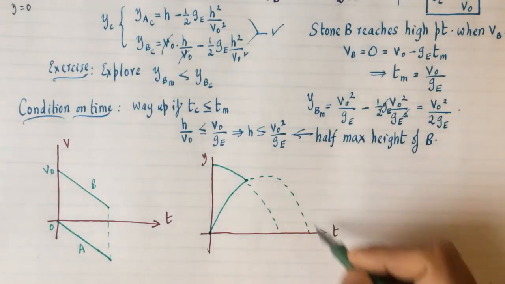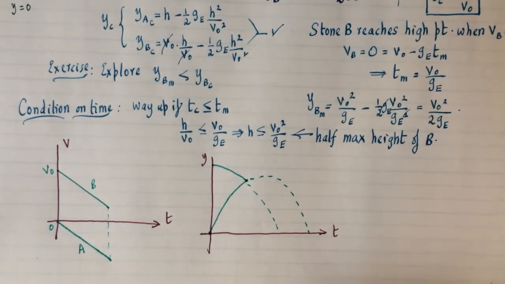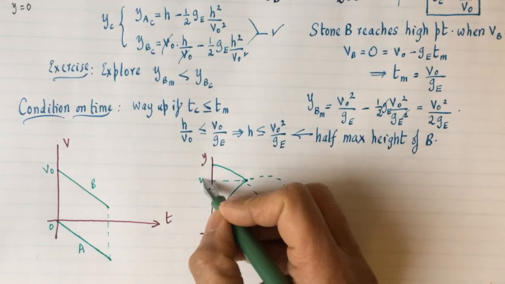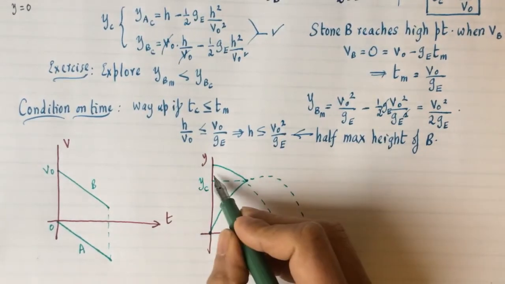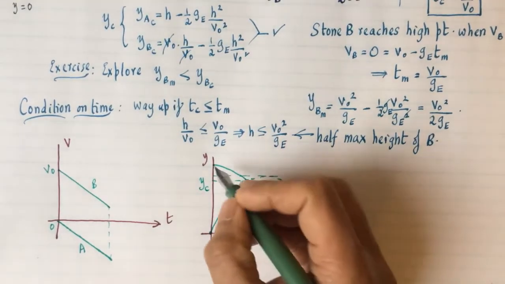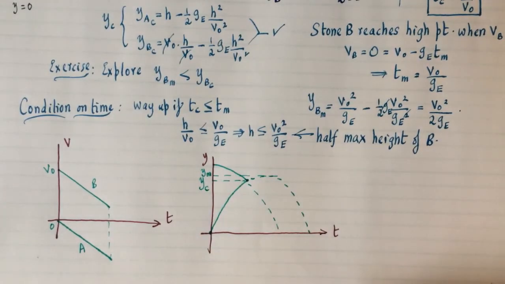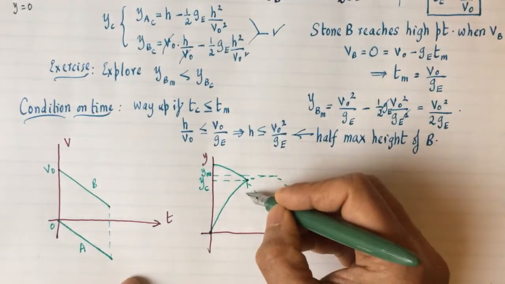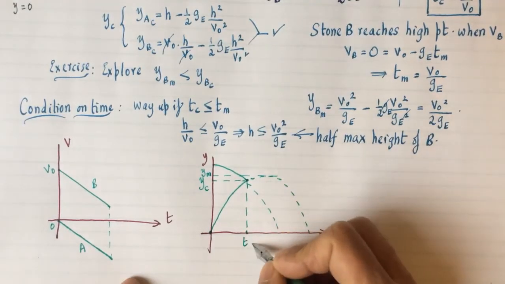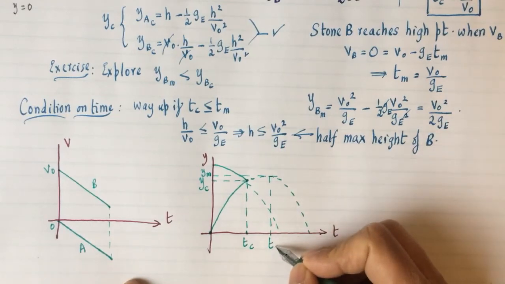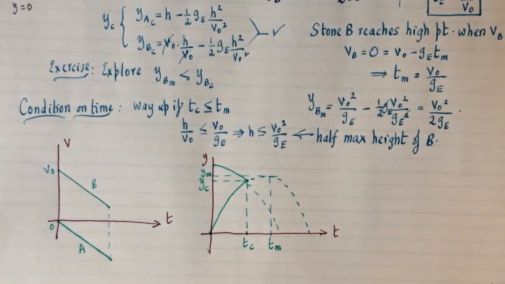I'm just drawing the dotted lines to indicate what does not happen, because when the stones do meet, that's the critical place, y sub c, and I'm drawing this for the case where y sub c is a little bit less than y sub m, so it's meeting on its way up. That's going to be your T sub c, and I'll indicate all the things I worked out in the problem. That's going to be your T sub m. Okay, so that gives you a good idea of how things are going to look.